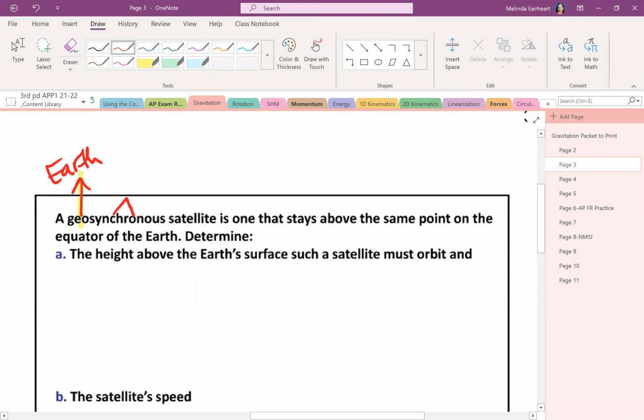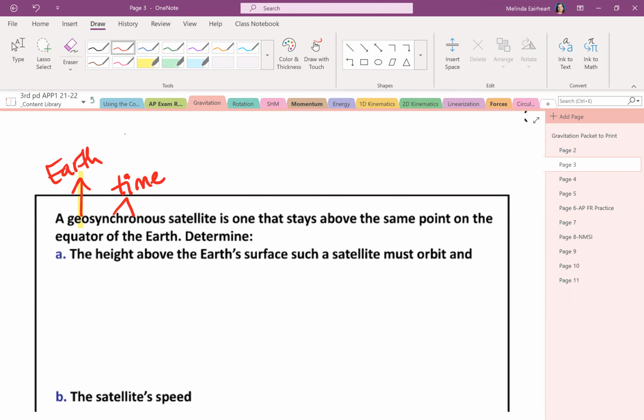Synchronous is leading us to think about it's in sync with Earth, its timing of Earth. And so what timing of Earth would they be talking about? The time of one rotation, AKA, it's been a while since we've said the P word, period.